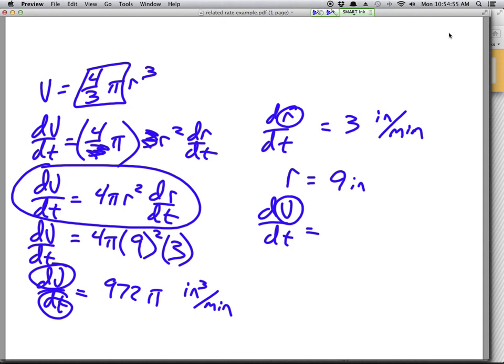Radius is also a variable. They told me this thing was constant, but is my radius constant? No, my radius is not constant. So since my radius is not constant, that means that dV/dt is also not constant. It is changing. When my radius is getting bigger, my volume is obviously getting bigger.